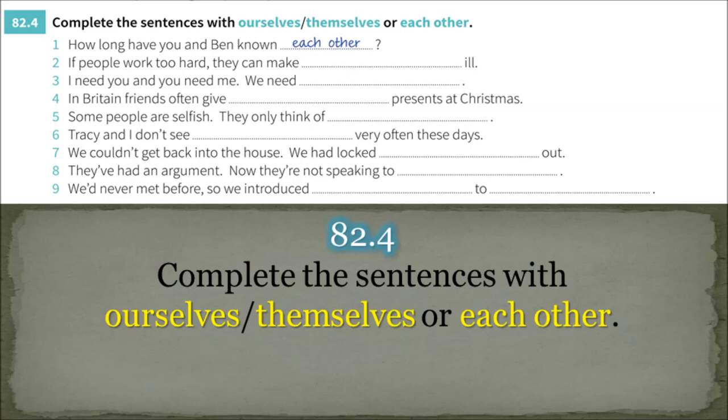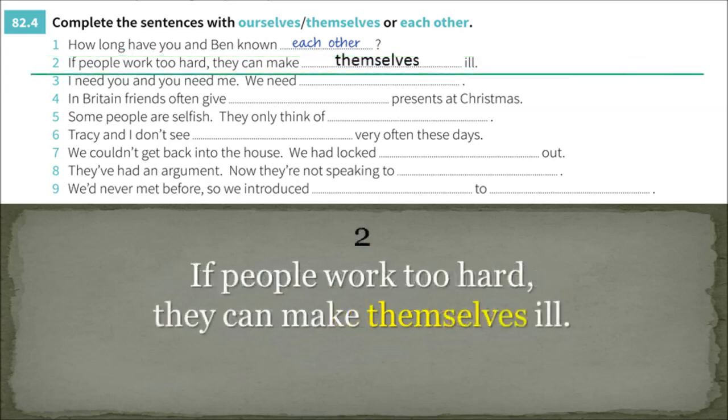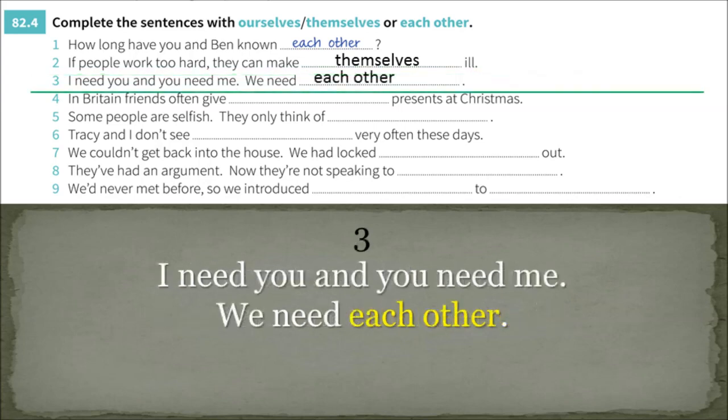82.4. Complete the sentences with ourselves, themselves, or each other. How long have you and Ben known each other? If people work too hard, they can make themselves ill. I need you and you need me.